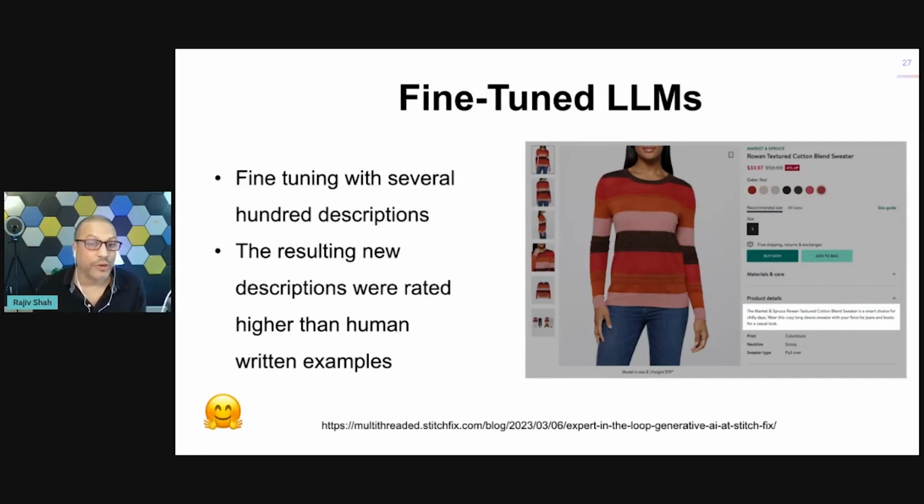This is an example where Stitch Fix did some fine tuning where they had products that they wanted to describe. They tuned it with several hundred descriptions that their writers had already written. But then once they trained the model, they could give it new products and get new written descriptions. And they actually found that the descriptions written by the computer, by GPT, were rated higher than the human written examples.